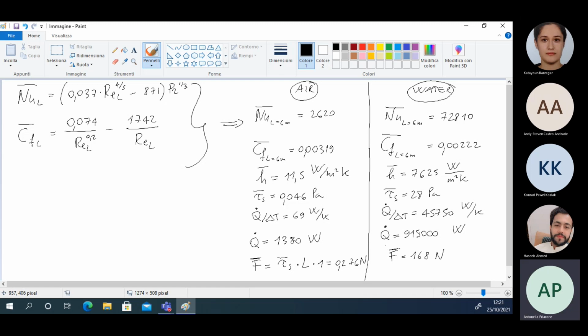So much bigger the transfer rate and much bigger the drag force of the water case with respect to the air case.